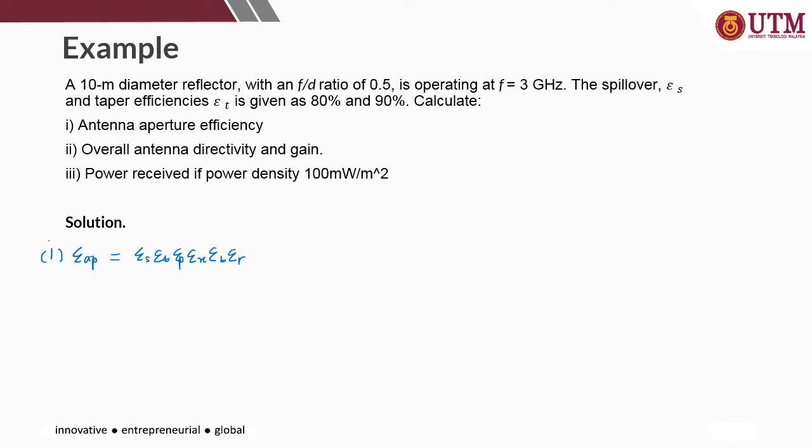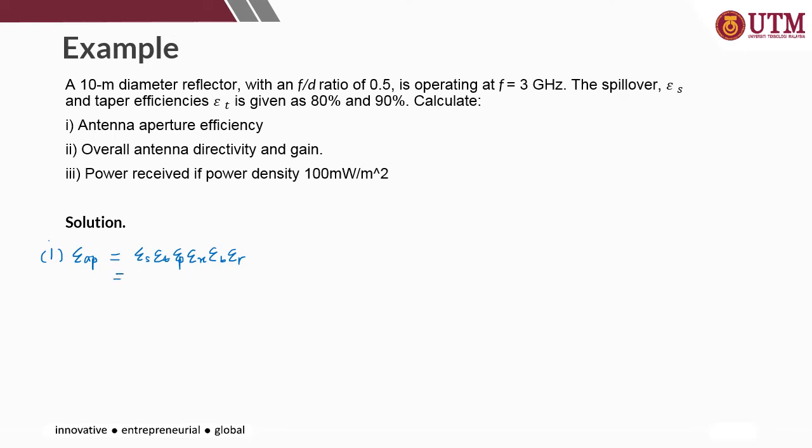ES is spillover, T is taper, P is phase, X is polarization, B is blocking, R is random. But in the question only 2 efficiencies are given, and these are the 2 most important factors that affect the parabolic reflector efficiencies. Therefore, we just need to consider both epsilon S and epsilon T.